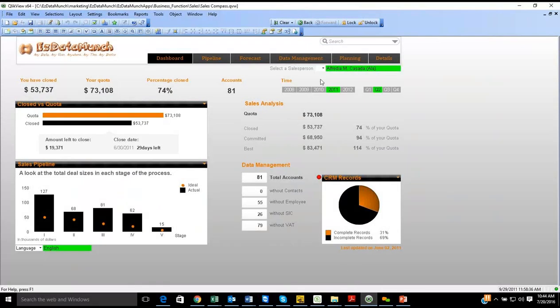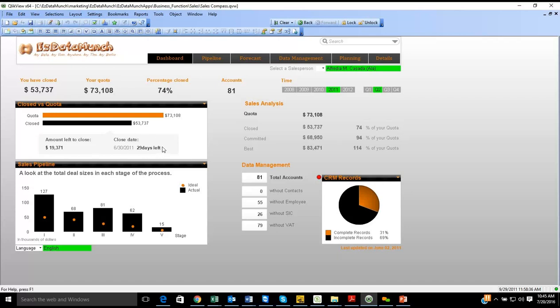Now let's look at something else. Now we are looking at Salesforce data coming in, and we are looking at a specific salesperson. So you're looking at Alfredia Caseta here, and how many deals are closed and won, what was the quota, the percentage of deals closed in Q2 of 2011, how many accounts have been managed, what is the best that she was able to do, what the committed numbers are, how the total deal size has worked out at different stages, ideal stage versus actual stage, and then the amount left to close and the close date.